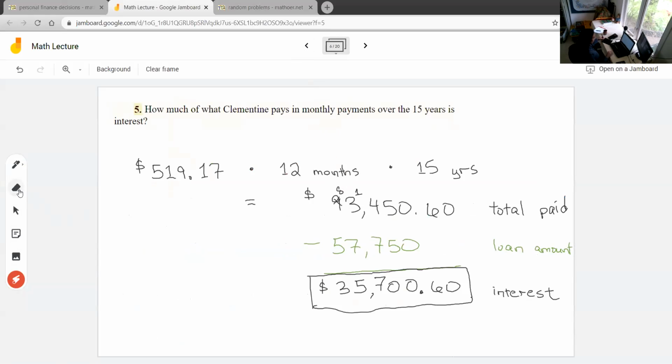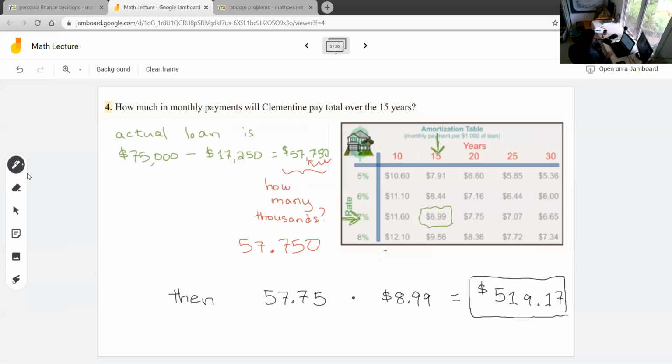And I realized that I had written my box around the wrong thing, so let me fix that. I got confused and I boxed this number. That's the monthly payment, but that's not what it asked. So I shouldn't have put my box around it.